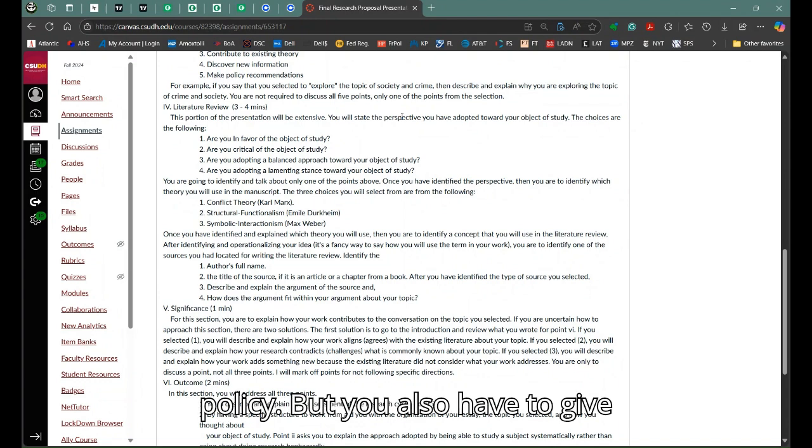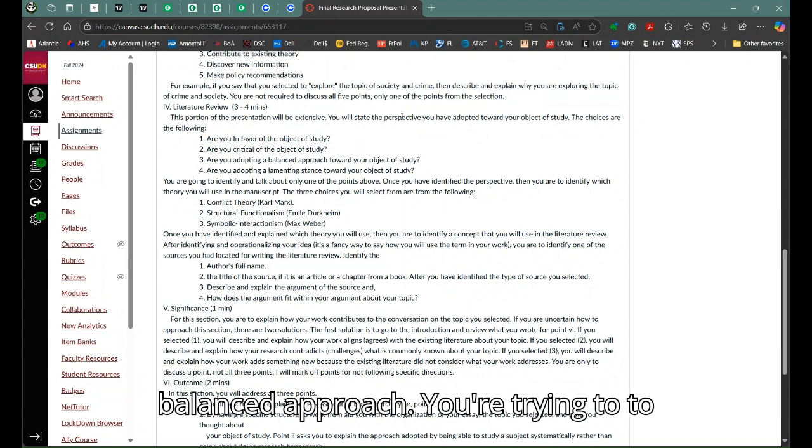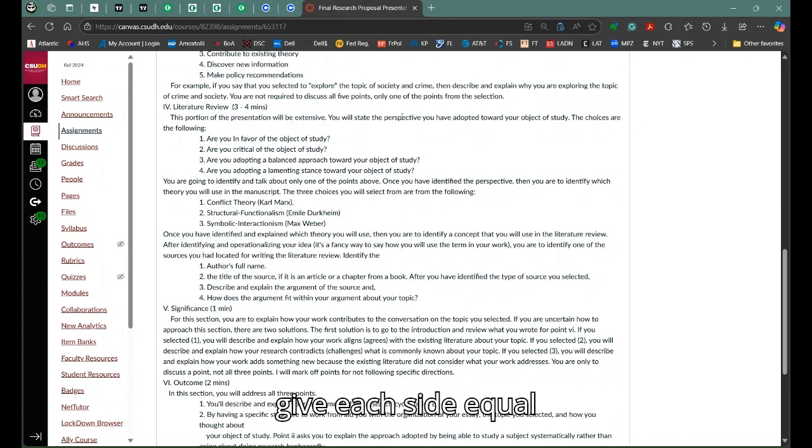But you also have to give equal treatment to the drawbacks of using crime as a way to inform public policy, right? So that's what is meant by a balanced approach. You're trying to give each side equal treatment, or equal time in the context of your essay.